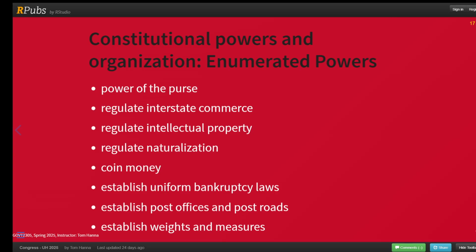Finally, establishing weights and measures. Here we're talking about, if you buy a pound of tobacco from Virginia or a pound of tobacco from South Carolina, you want them to be the same pound. If it's up to the states to regulate weights and measures, then one state can say, well, we're going to make our stuff look better by defining the pound as a little bit less.